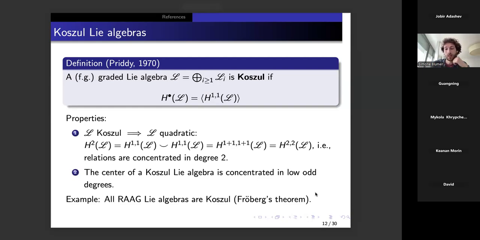Okay, so as examples of Koszul Lie algebras, you can think of all right-angled Artin Lie algebras. And this is a famous theorem by Fröberg, who actually didn't prove it for Lie algebras, but for their associative counterpart, and he proved something more general. But yeah, we get that all right-angled Artin Lie algebras are Koszul.